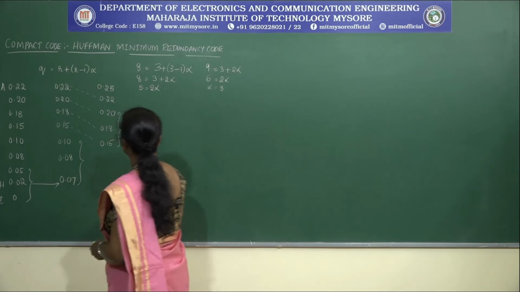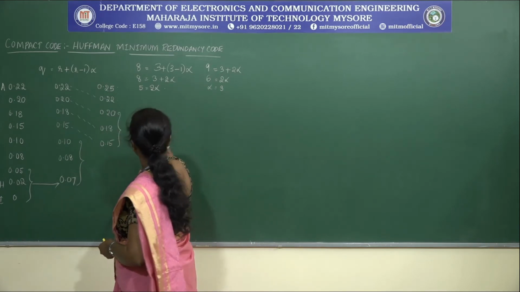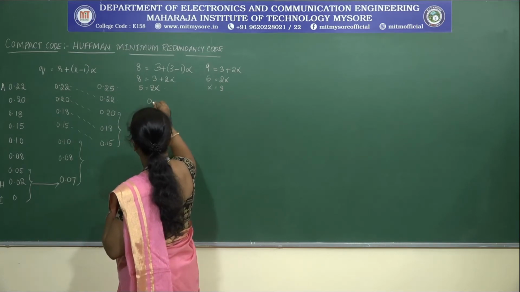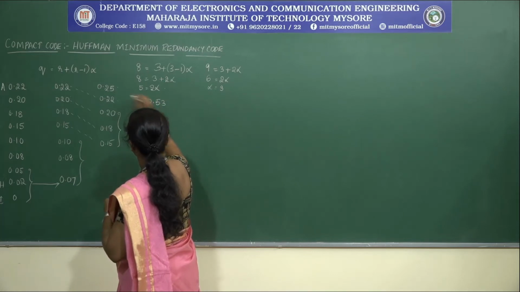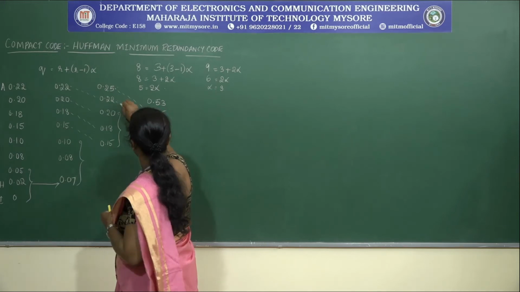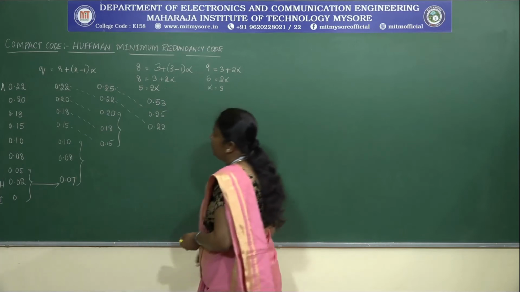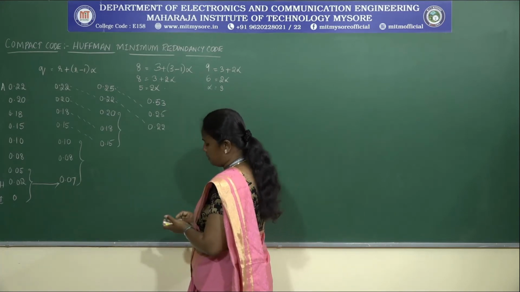Combine these 3, where you will be getting 0.53. So this is 0.25 and this is 0.22. At the last we got 3 source symbols.